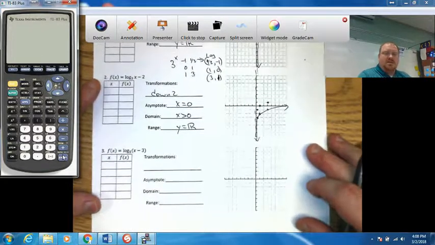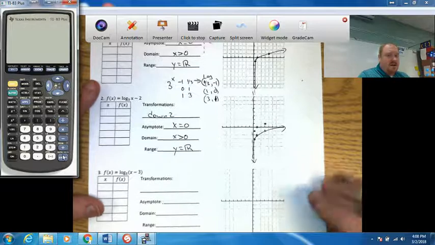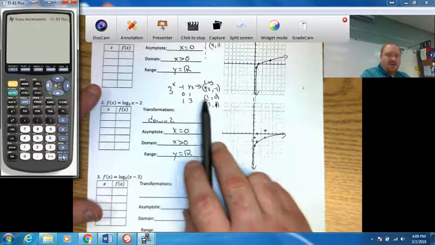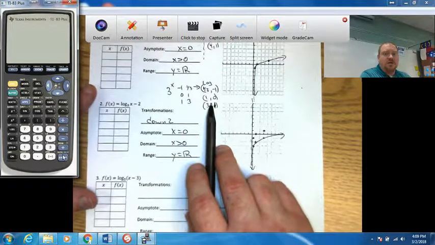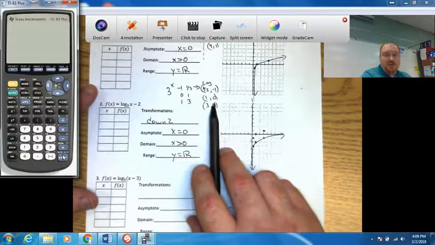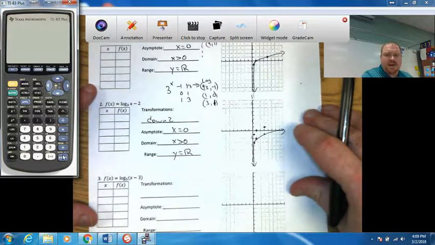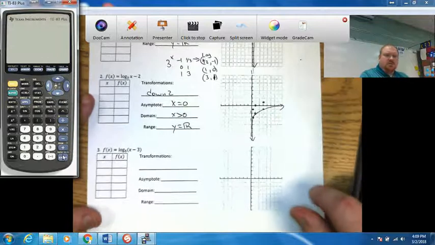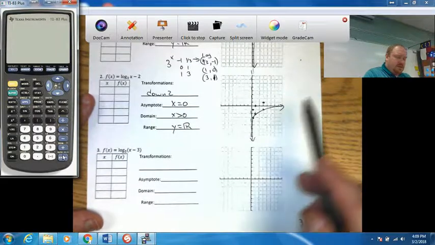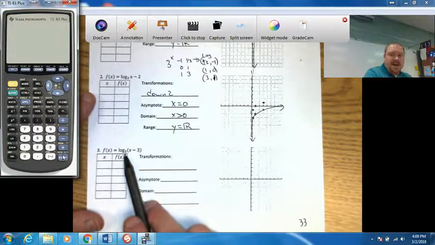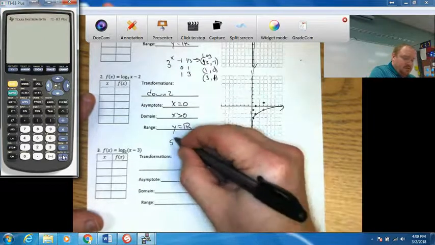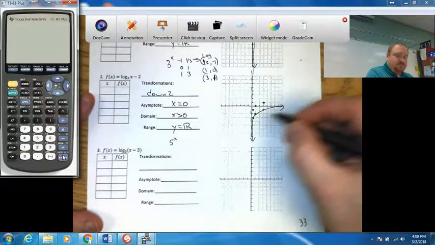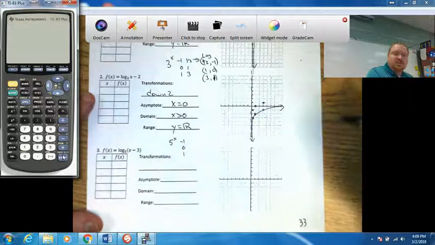Now, the most common errors people make are they either forget to flip, or when they're trying to graph an exponential, they flip when they should not. Those are the most common errors. So with number 3, I note that it is base 5. So, starting points.